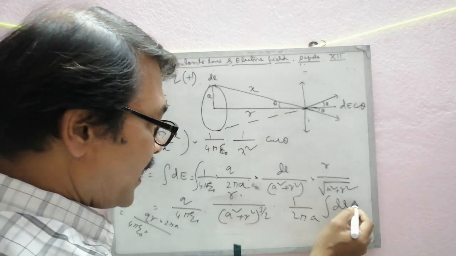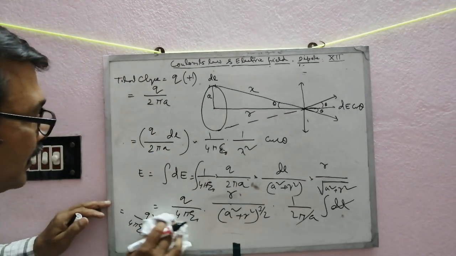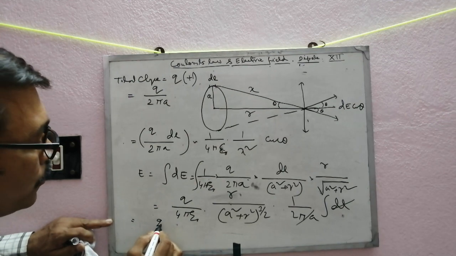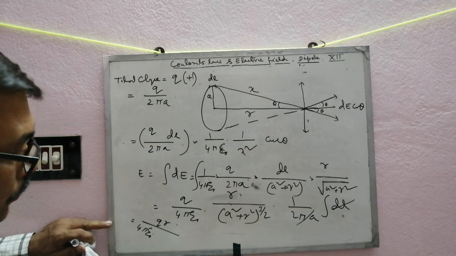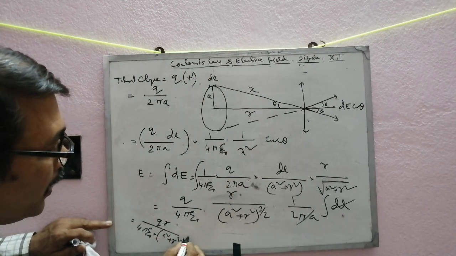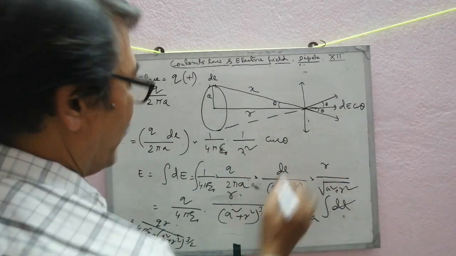So this 2 pi a and 2 pi a cancel. Final result simply we may write Q r by 4 pi epsilon naught into (a square plus r square) whole to the power 3 by 2. The direction is in this way.